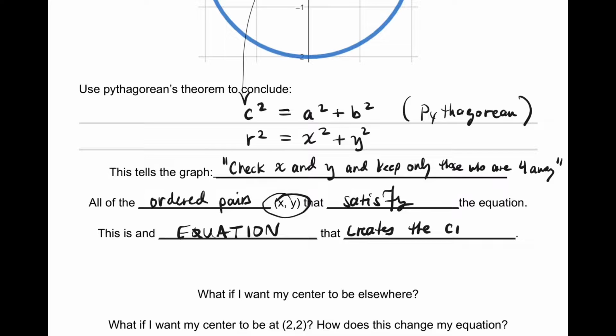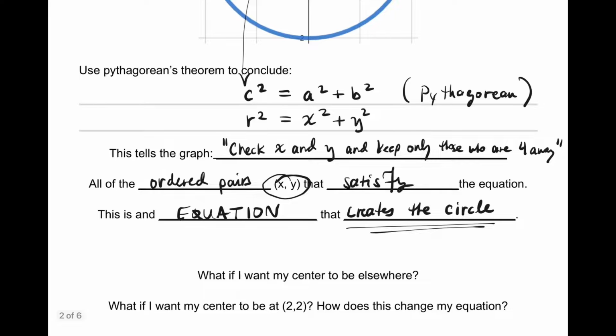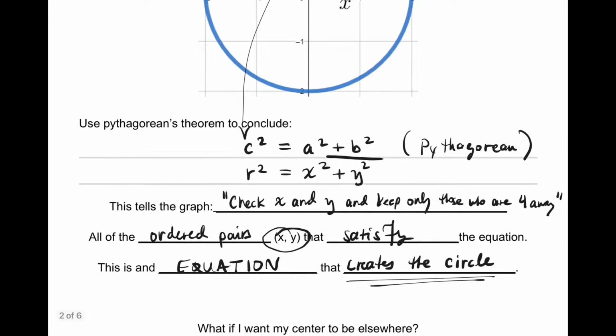It fabricates the circle. It is constructed from the circle. Does this make sense? Look at what's happening right here. This equation for the circle is saying get all of the ordered pairs x and y that make this true.